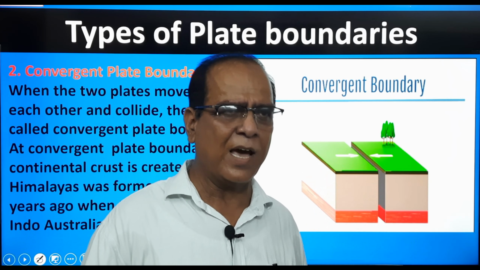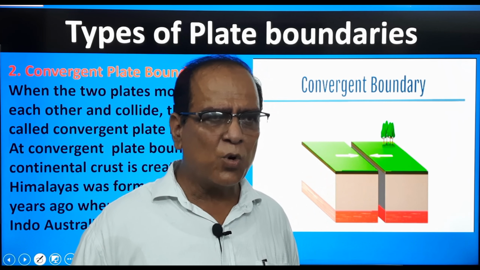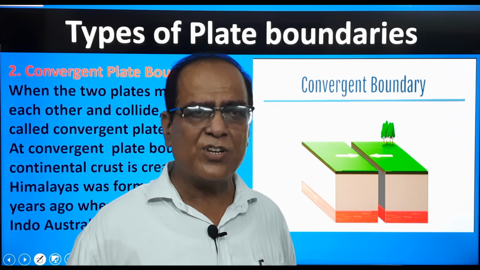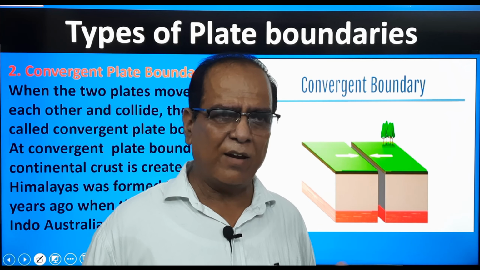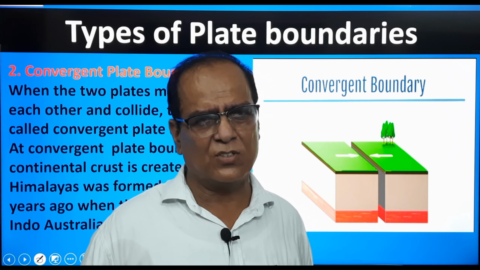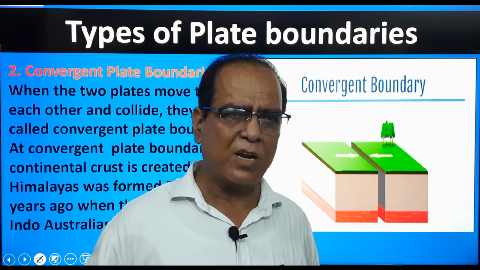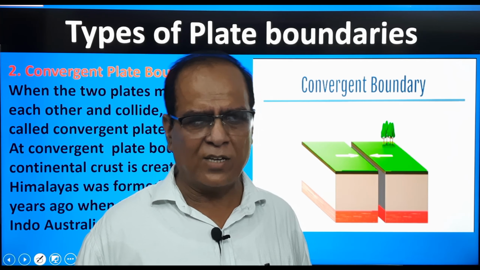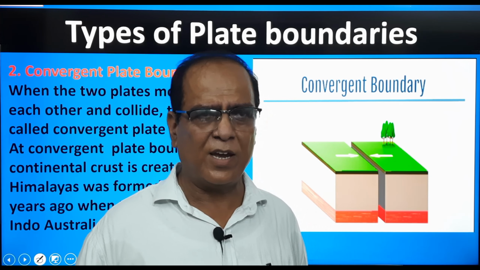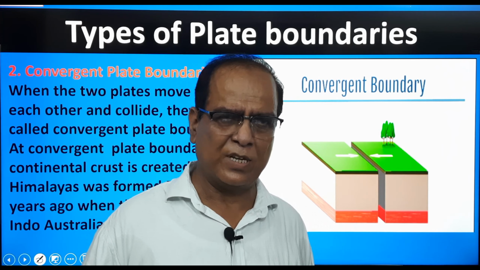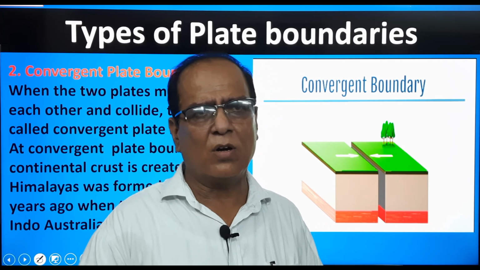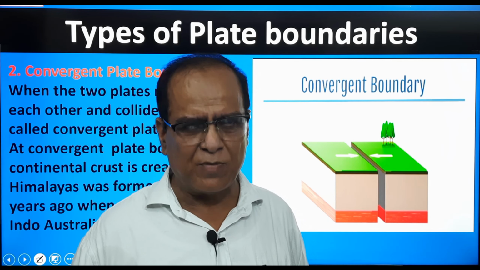When collision happens, there would be the creation of continental crust, and the great example is just in front of our eyes, the great Himalayas, which have the highest mountain peak at 8,850 meters, and a whole chain like the Himalayas prevails.